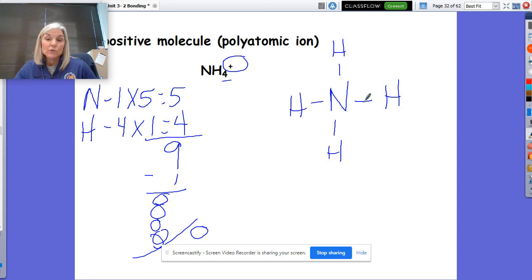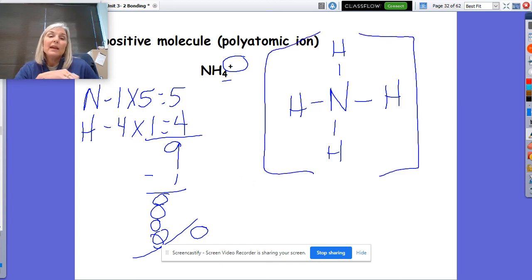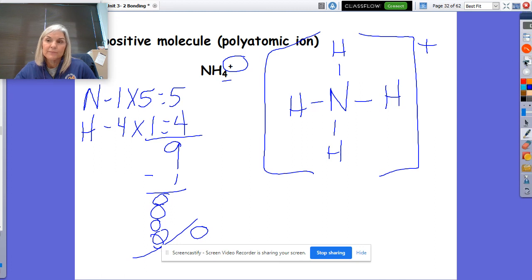There's its 8. 2, 4, 6, 8. Since this is a polyatomic, again, we're going to put it in brackets. And yep, we're going to put that plus sign outside the bracket so that we know that it's a polyatomic. Only one way to draw this one because they're all single bonds.